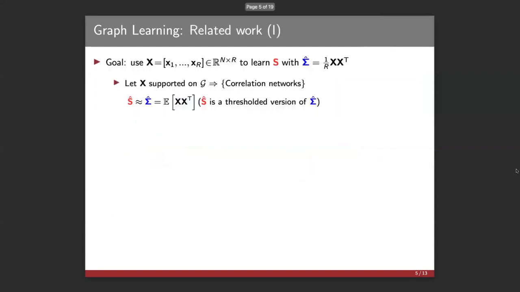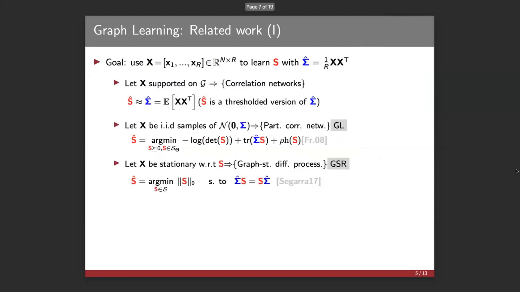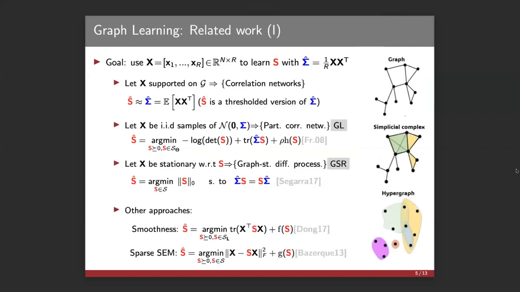Before that, I will talk about some related work. All these approaches I basically classify in two blocks. This first list of approaches uses data X, which is defined on the nodes, to infer the topology of the graph, basically pairwise interaction between nodes.